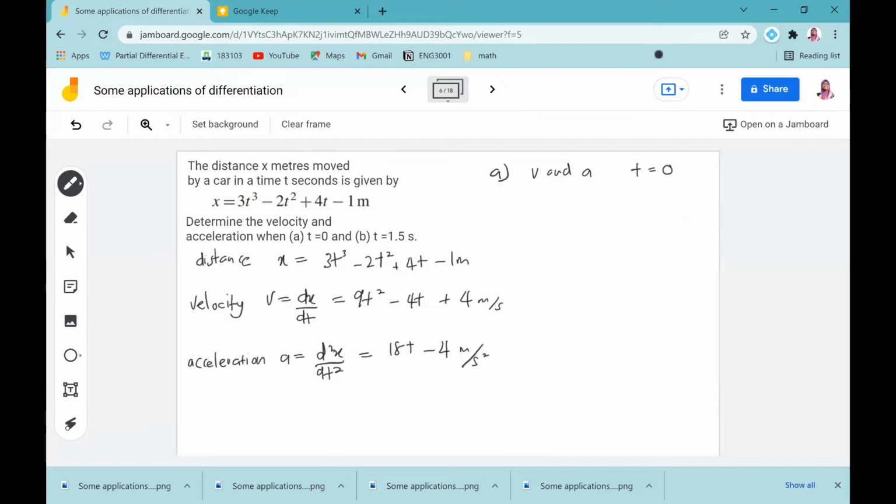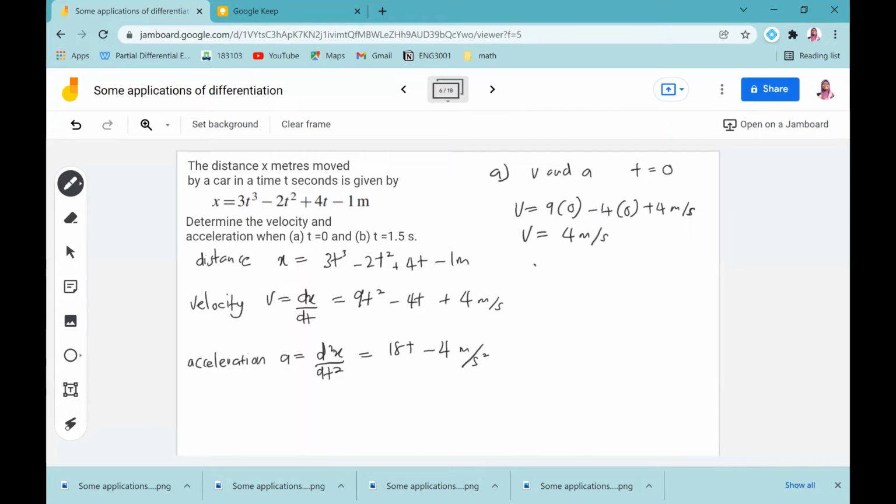We just substitute t with 0. So v is 9 times 0 minus 4 times 0 plus 4 meter per second. So v here is 4 meter per second.